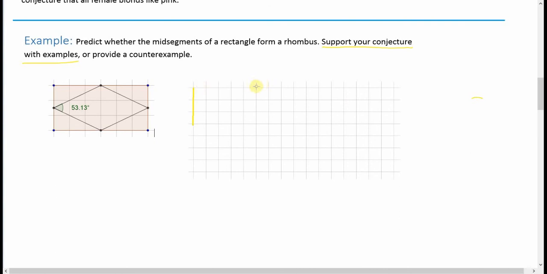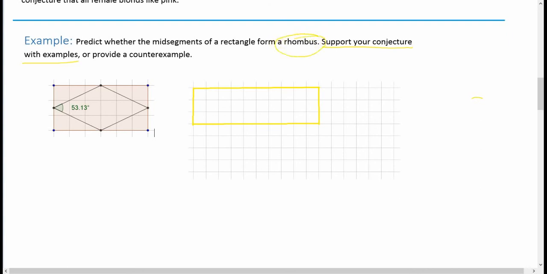And we're going to try to show that no matter what the shape of the rectangle, the midsegments form, oh, well, I was just saying parallelogram, but in the question I already typed rhombus.